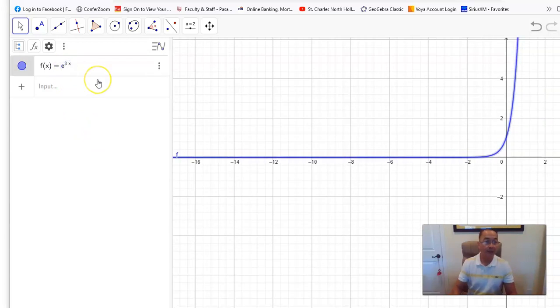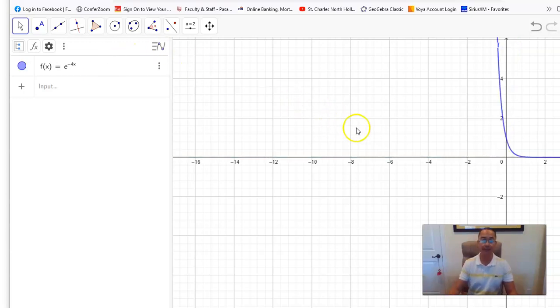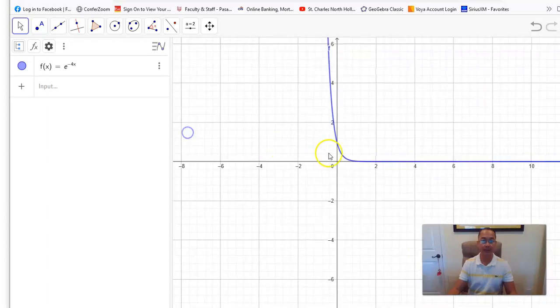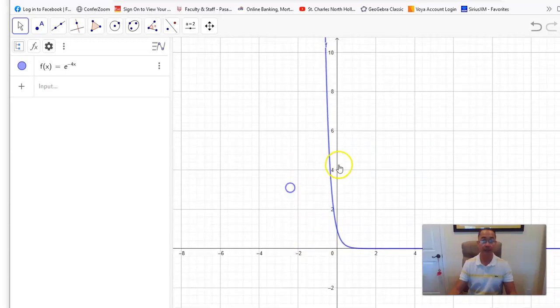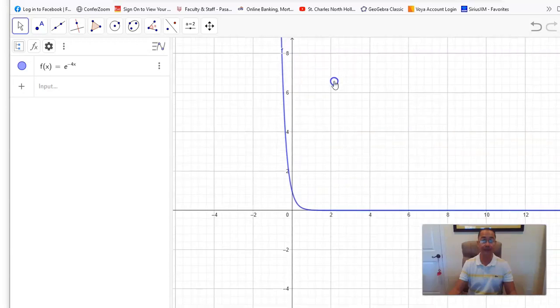If instead of 3x, we had negative 4x, watch, boom, it flips around. So this time, as x goes to plus infinity, your y goes to 0. And as x goes to minus infinity, your y goes to plus infinity.